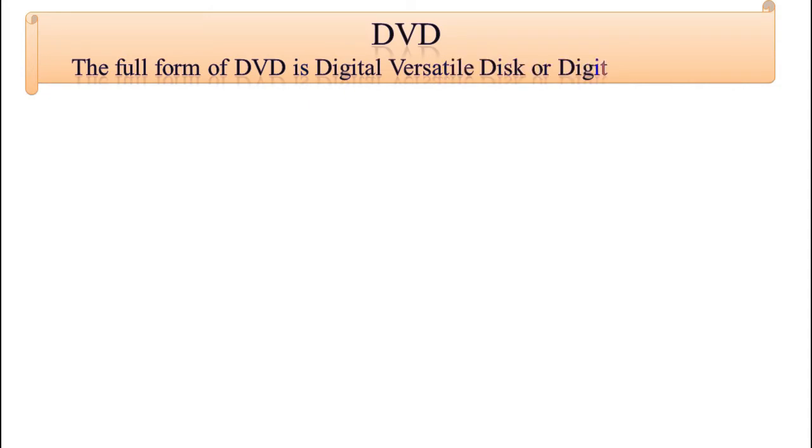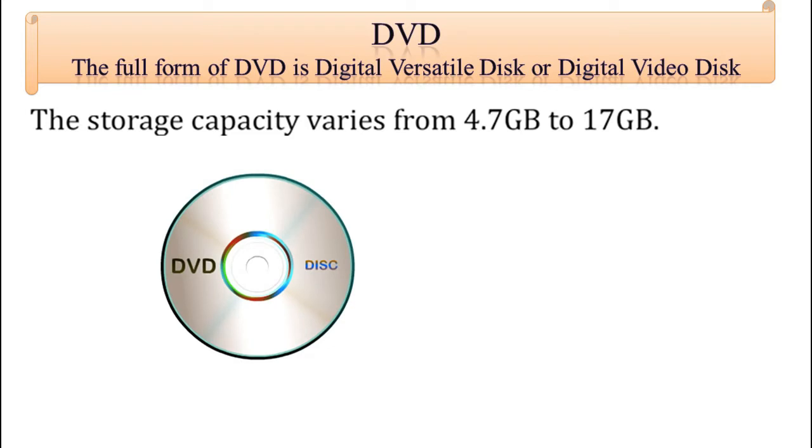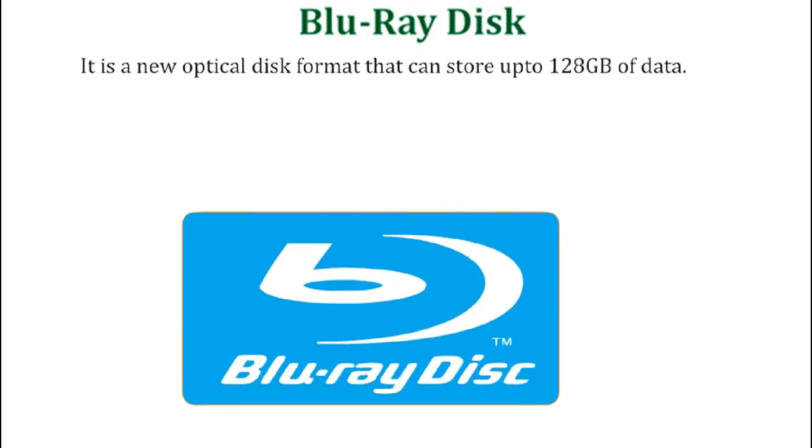Children, let's move to DVD. The full form of DVD is Digital Versatile Disc or Digital Video Disc. The storage capacity varies from 4.7 GB to 17 GB. Blu-ray disc.